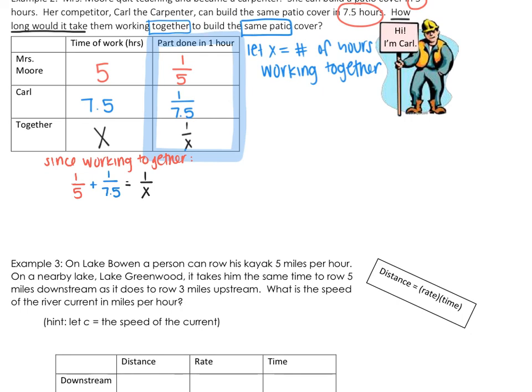Because his part in an hour and my part in an hour have to equal our time in an hour together. So now I need to just solve this. Getting to there is probably the hardest part.